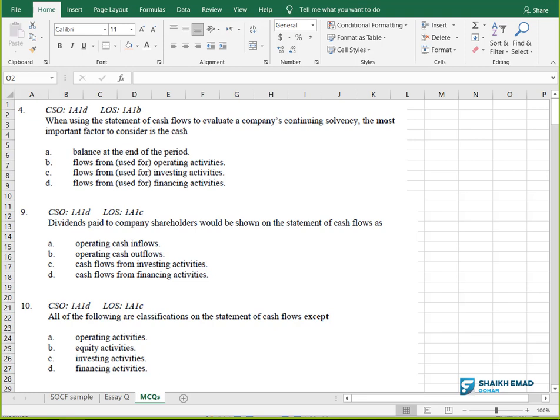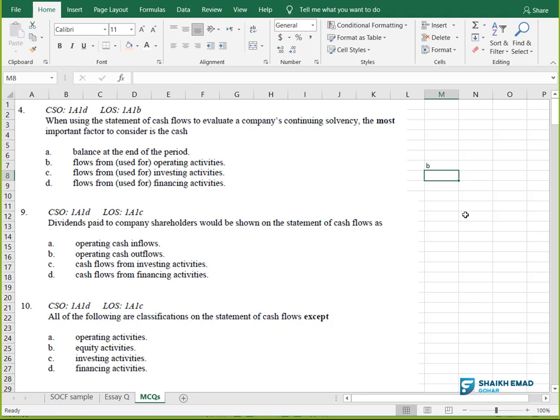So which activity will tell you about the long-term paying ability? Is it the operating activity, investing activity, or financing activity? Okay, the answer of this question is B. What is the answer? B. What is B?